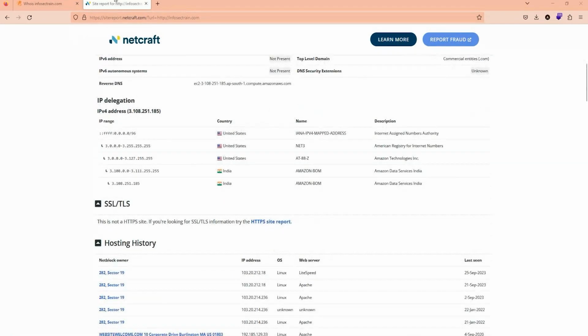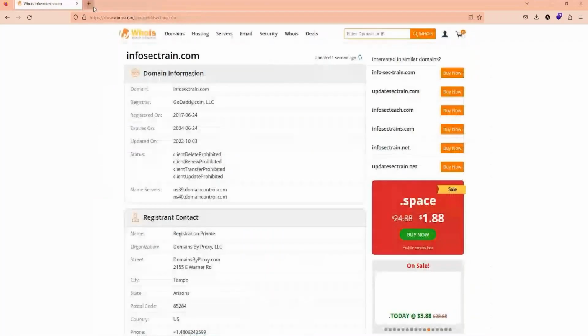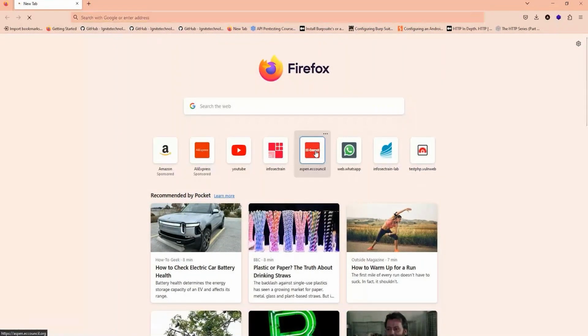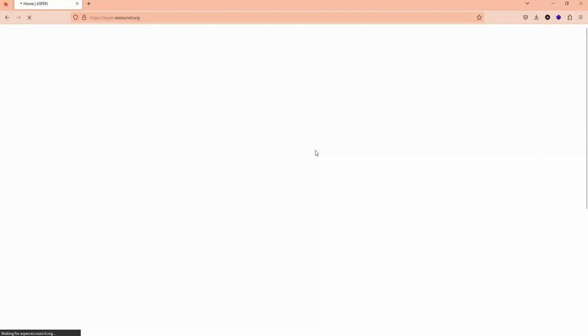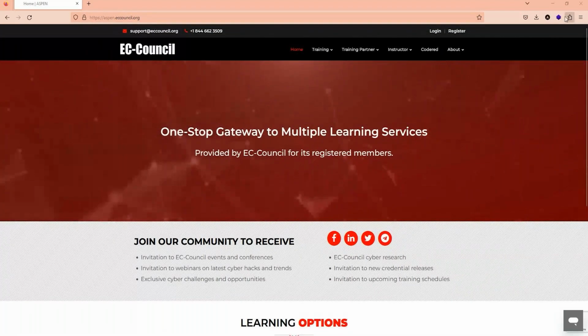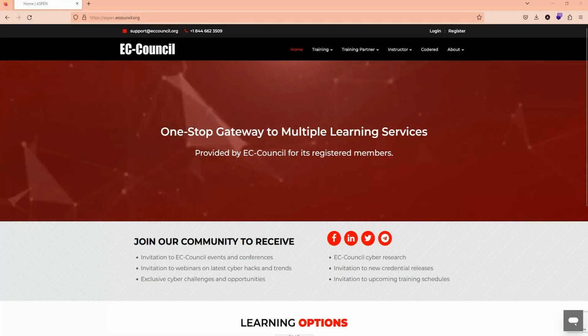Now, there is an extension that I use for gathering more information, and it is called Wappalyzer. So on any website I visit, let's say I'm visiting the website of EC-Council, once the website is open, at the top right you will see a number written.